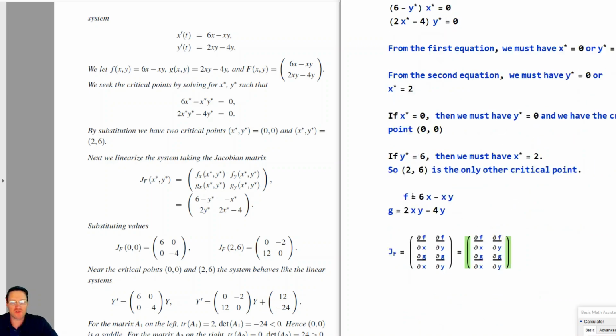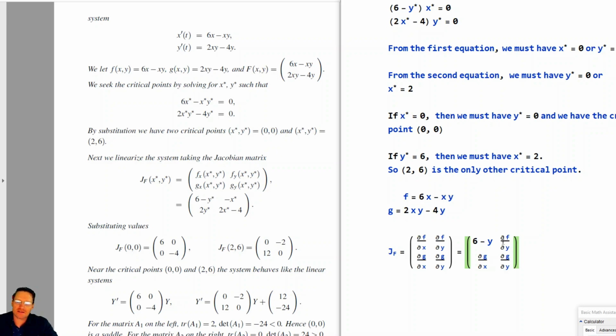All right, so simplifying the partial derivative of f with respect to x here, we can see that the derivative of 6x is just 6. And the derivative of minus xy with respect to x partially, remember we treat y as a constant, so we have minus y there.